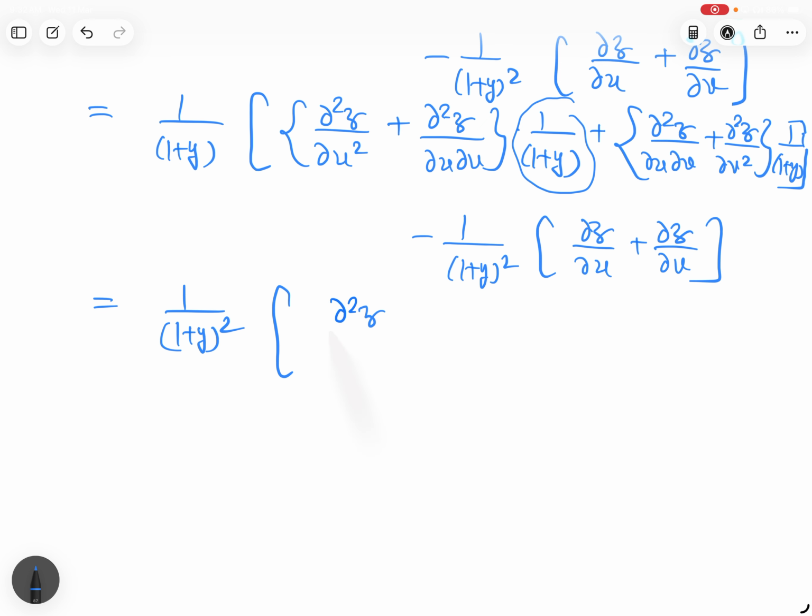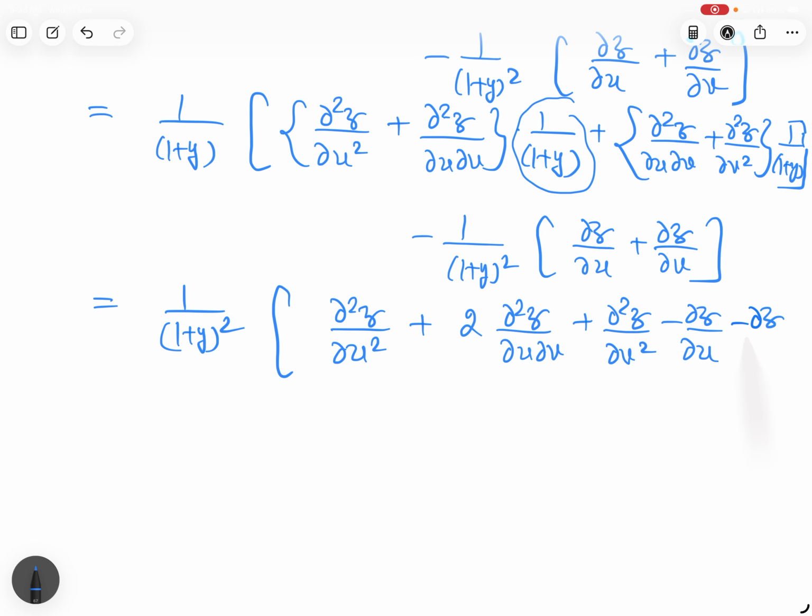Del 2z del u square plus 2 times del 2z del u del v plus del 2z del v square, and del z upon del u minus del z upon del v. You will get this part. Okay. Now we have the values of r and t. We will substitute them in the given PDE.